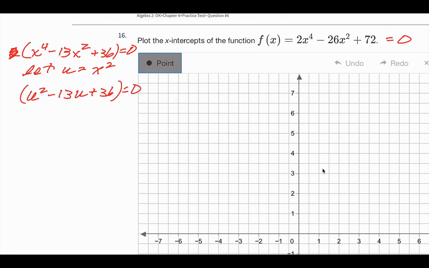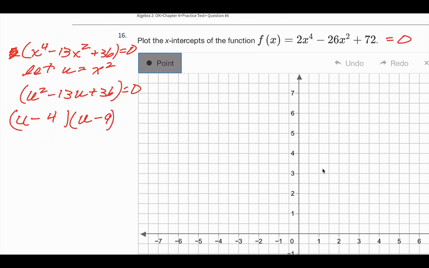So now you can write this as, I'm going to have a u and a u. Look at the last term, it's plus. So I look at the middle term, it's minus. So that tells me both of them are minus. And what are factors of 36 that give us negative 13? You would tell me that would be 4 and 9.